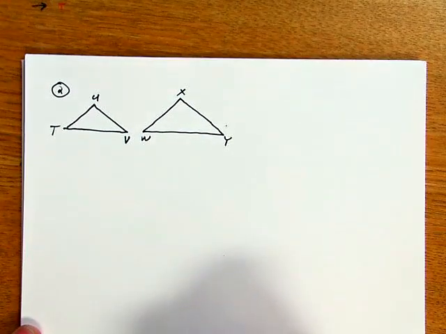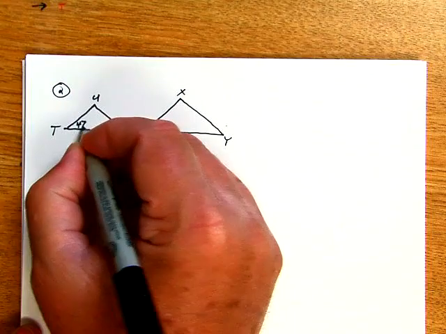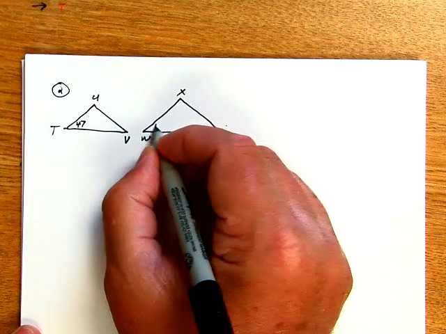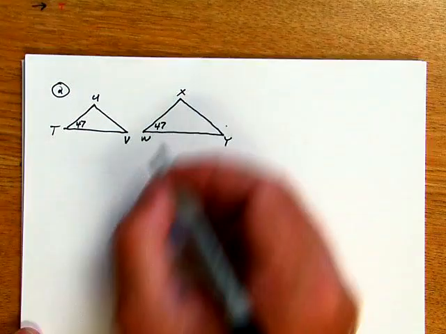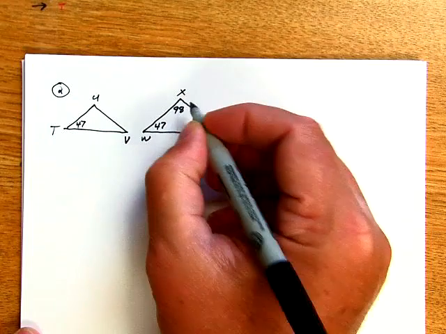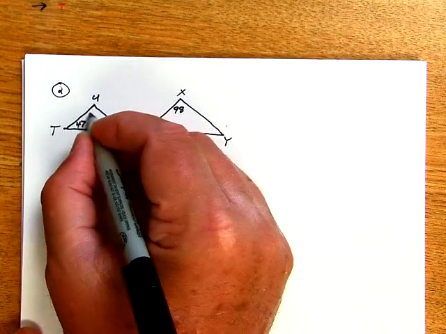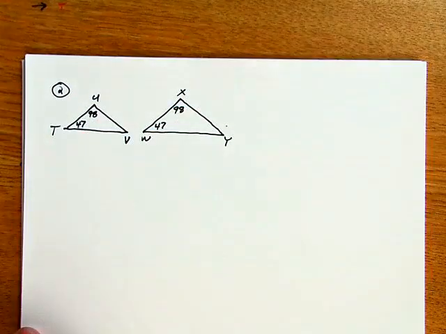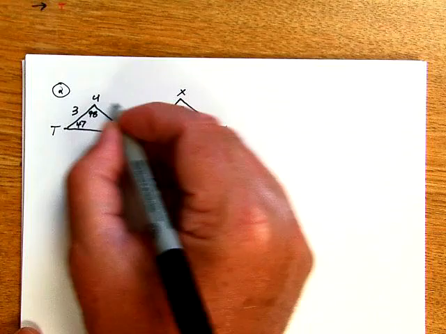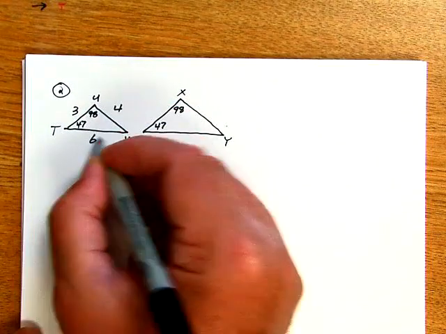And the other things we're given is that this is 47 degrees, and this is 47 degrees. This is 98, and this is 98. This is 3, 4, and 6.